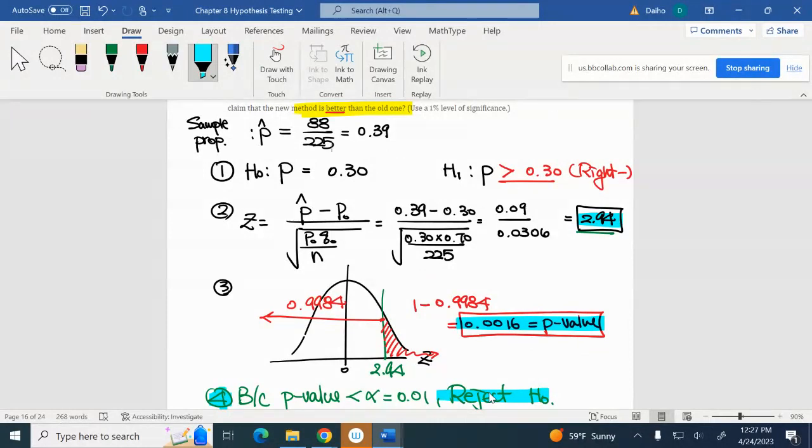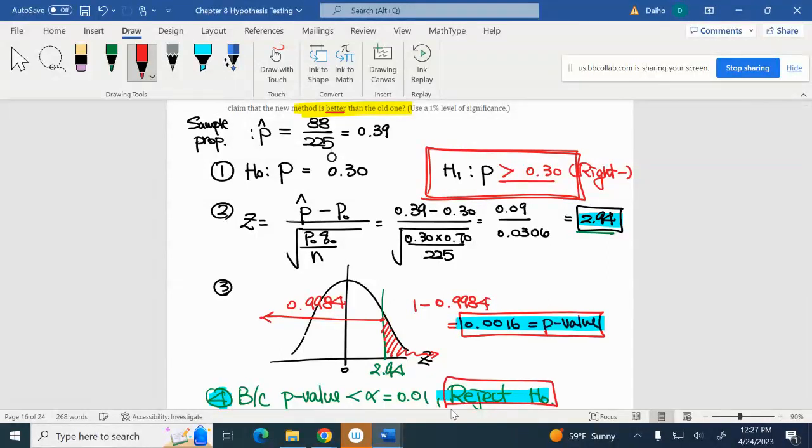So now, which one should I take? Reject H0, so I have to take H1. We have to take H1 because we rejected H0. What does it say?